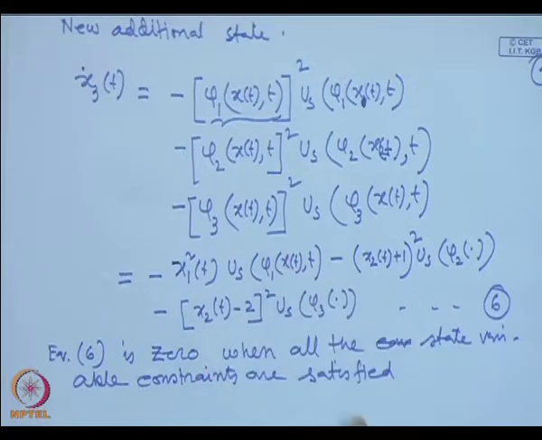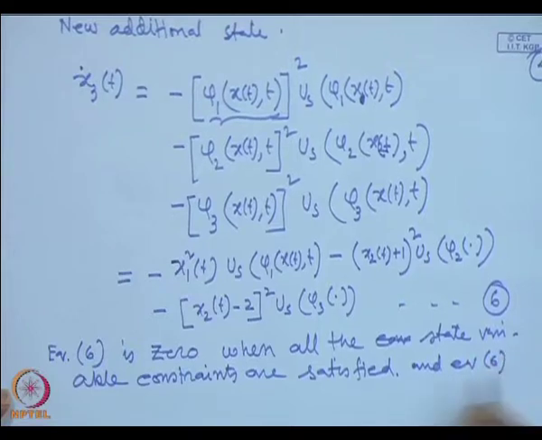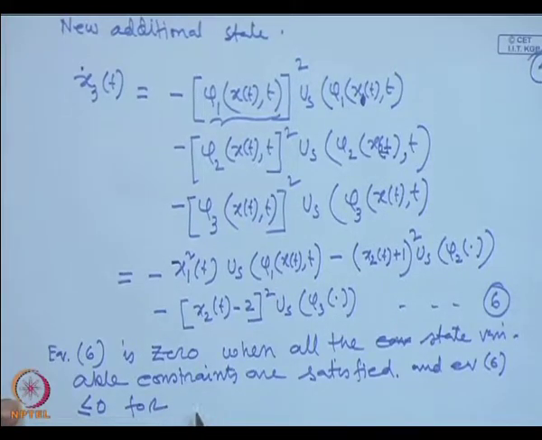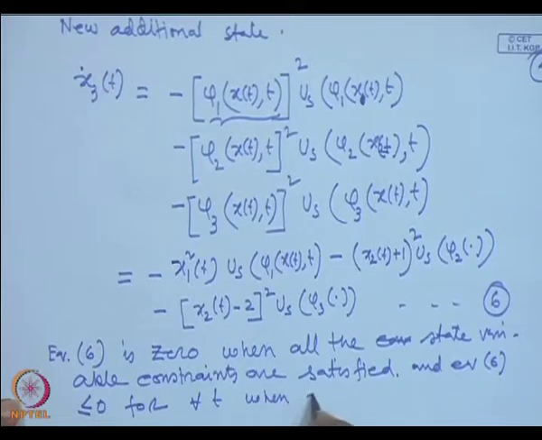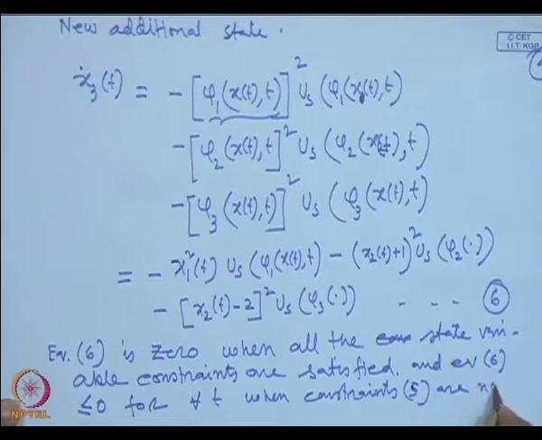And equation 6 is greater than 0 when for all t the constraints in 5 are not satisfied.